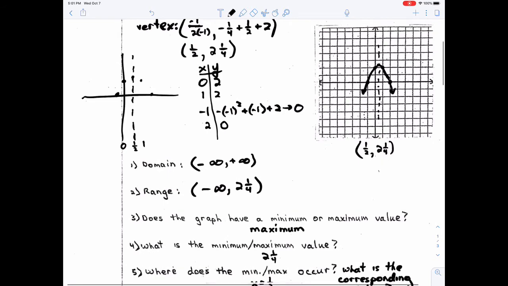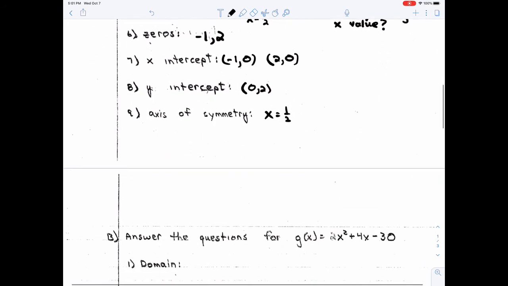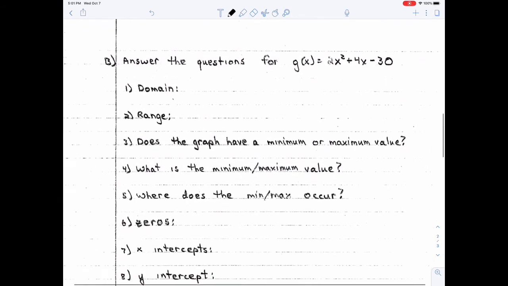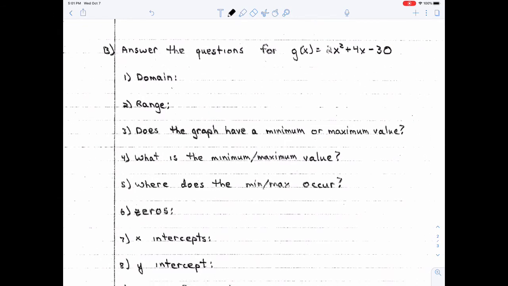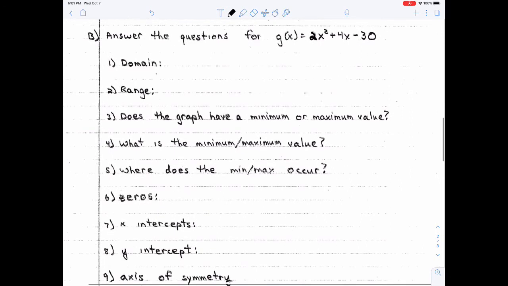So all we've done is graph it and then answer these questions. All right, now I want to answer these questions for this graph. And that didn't copy too well, but that's a 2. Or for that equation. But notice, I never asked you to graph it. Okay? May you graph it? Yeah, but you don't really need to.